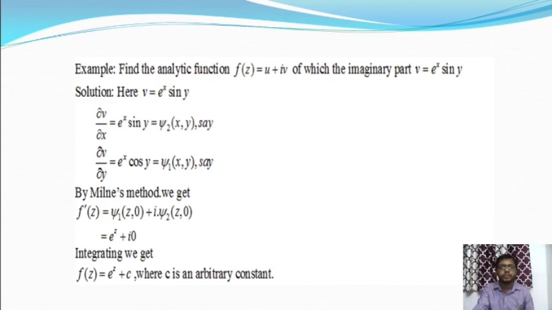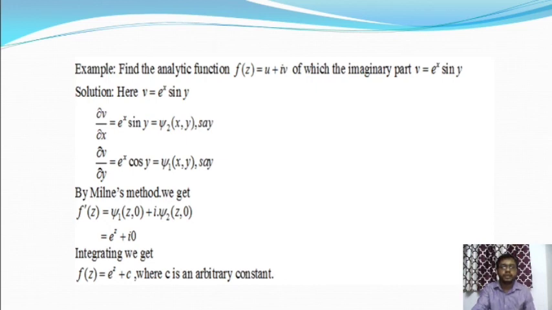Okay, so here x is equal to z and y is equal to 0. So this is the formula of the Milne Thomson method.